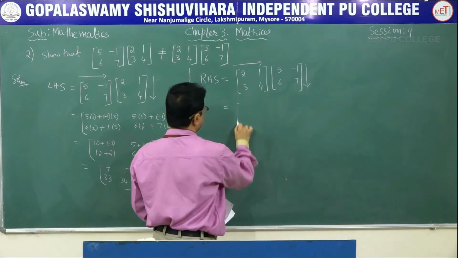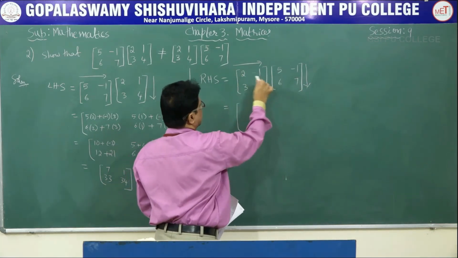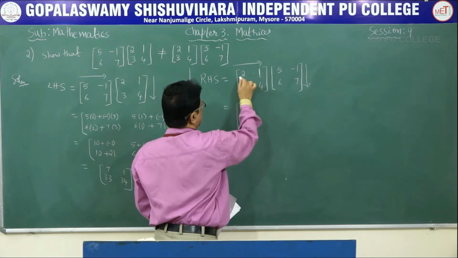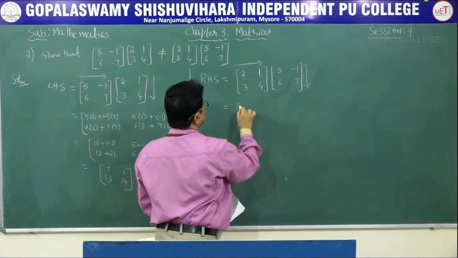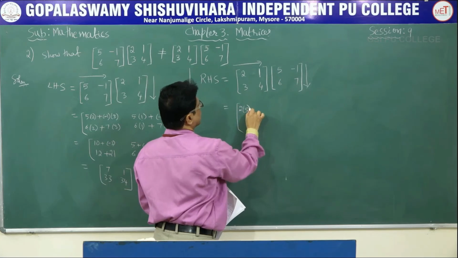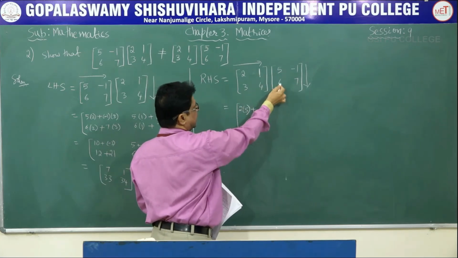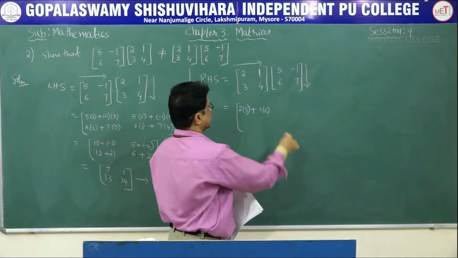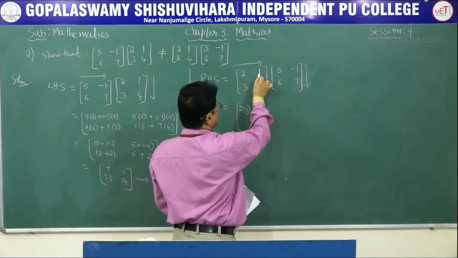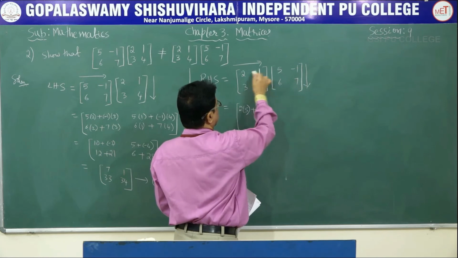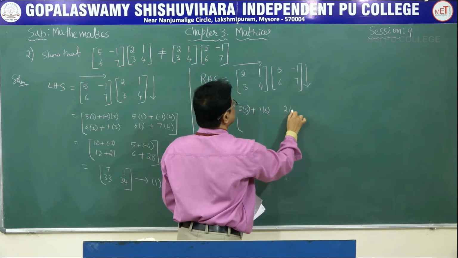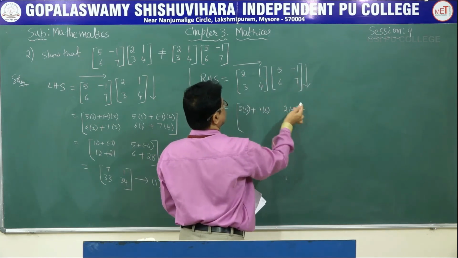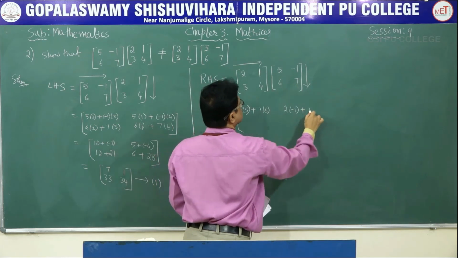So that will be equal to first row into first column, 2 into 5 plus 1 into 6. Next element is first row into second column, 2 into minus 1 plus 1 into 7.